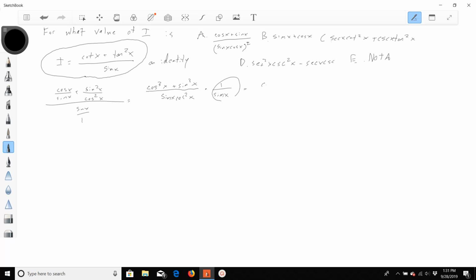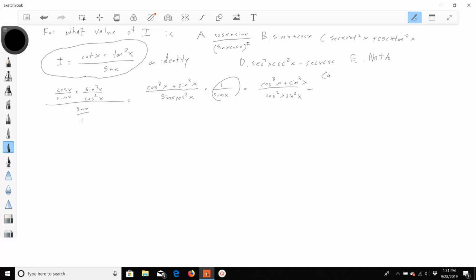So we're going to get cosine cubed x plus sine cubed x over cosine squared x sine squared x. And if you weren't paying attention to your cubes, you might select A, but we are paying attention to our cubes, so we're not going to select A. Now this top part can be factored using the sum of cubes.